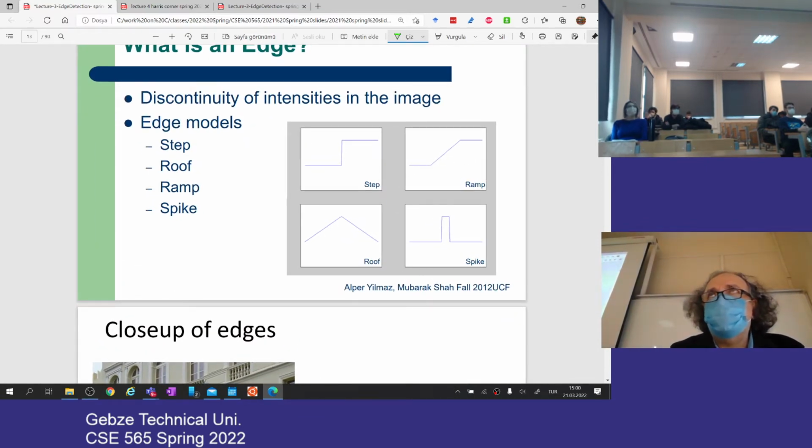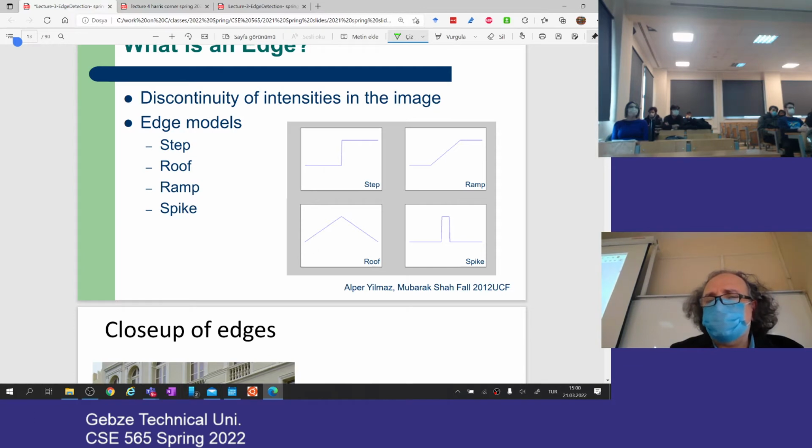Sometimes if you follow a line, a horizontal line in your image, you see like a step function. Something goes dark, then suddenly it's bright. Okay, this is called a step edge. Sometimes this happens. You go steady, then you gradually increase your intensity. This is called a ramp edge.